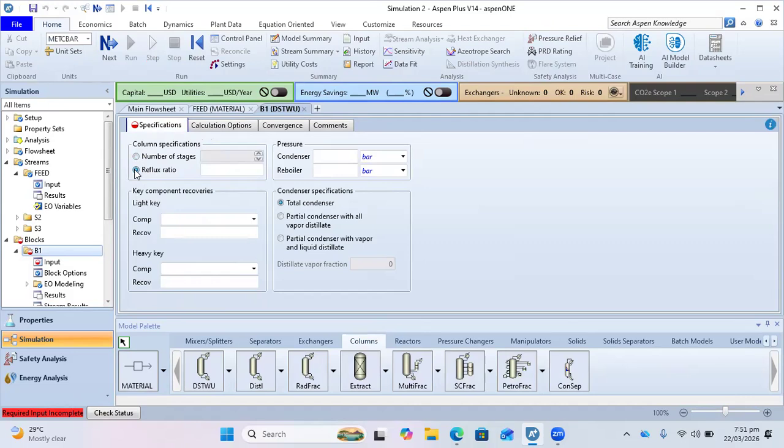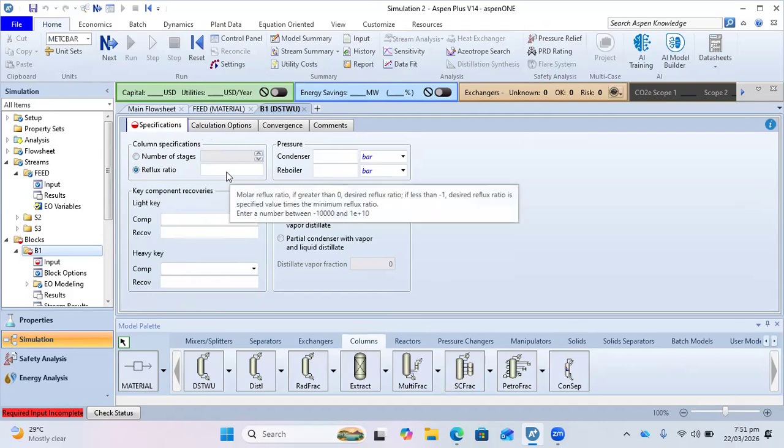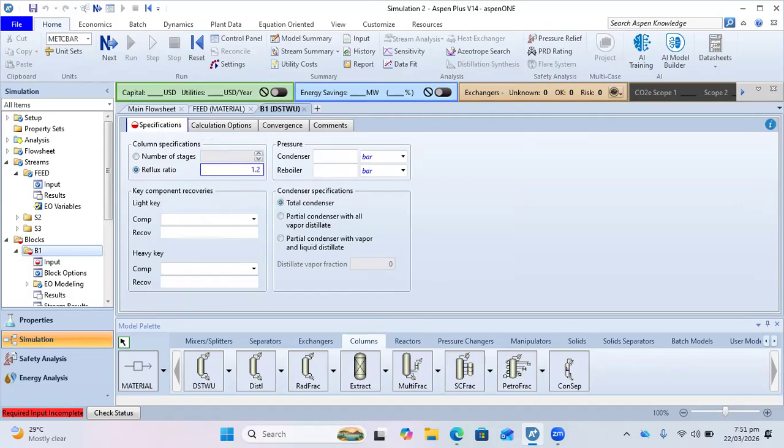From the question, we are dealing with the reflux ratio, and it said it should be 1.2 times the minimum reflux ratio. Now, if I just put in a value of 1.2, I'm telling Aspen that the reflux ratio should be 1.2. But if I want Aspen to multiply the minimum reflux ratio by 1.2, then I have to make it negative 1.2. Please, I hope you are here.